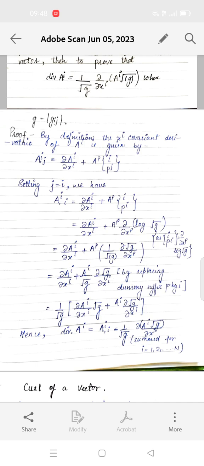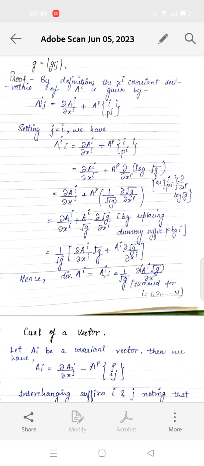Setting, or replacing, j by i, we will get A^i,i = del A^i by del x^i plus A^p {i over pi}. Now, {i over pi} will become del by del x^p of log root g, as it's a formula.